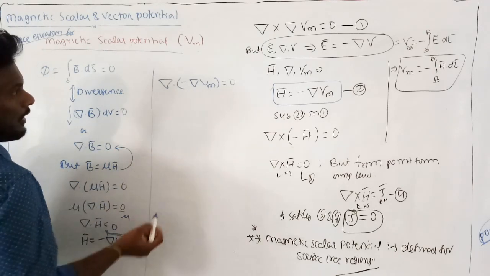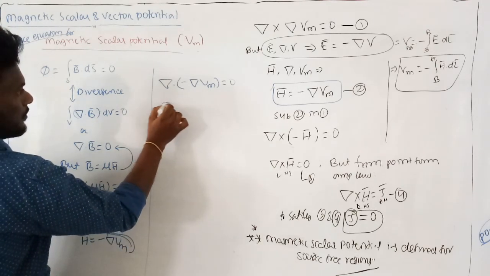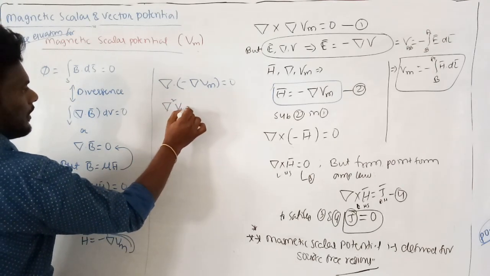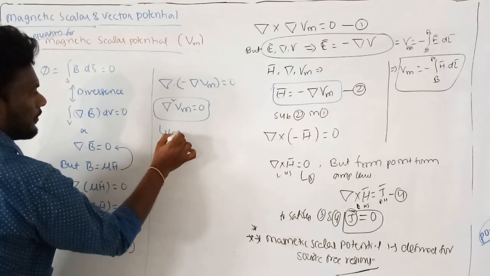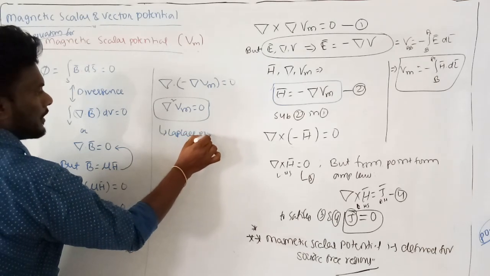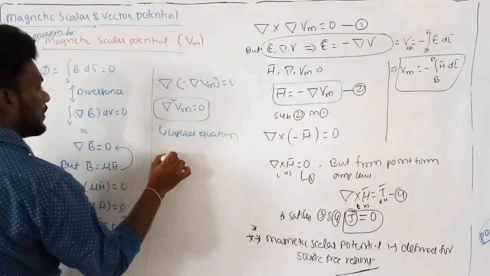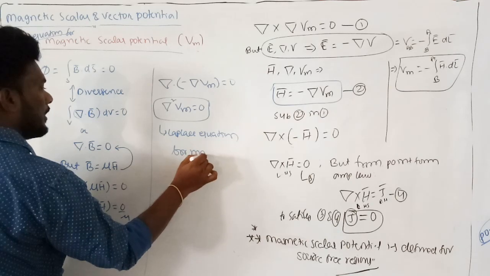Del dot del is del square, so it is del square Vm equals 0. This is the Laplace equation for magnetic scalar potential.